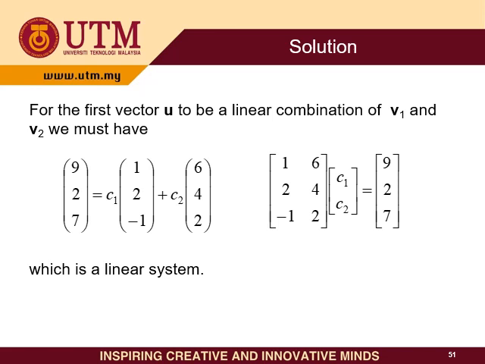In order for the first vector U, which is this one, to be a linear combination of V1 and V2, we must have this is our V1, and V2 multiplied by the scalars C1 and C2. And you will get this linear system, which is the V1, V2, and this is our scalar, and our U.